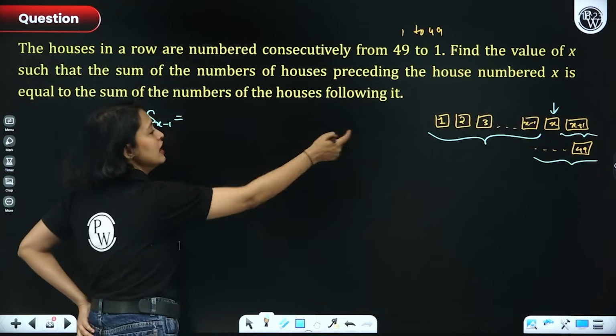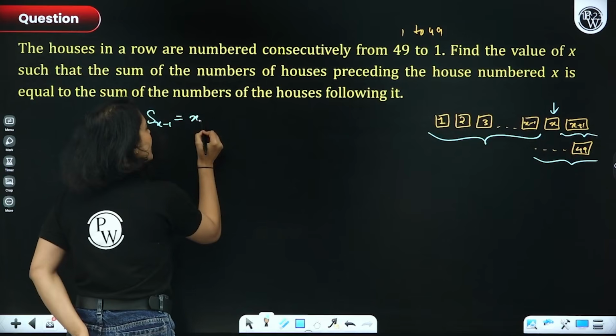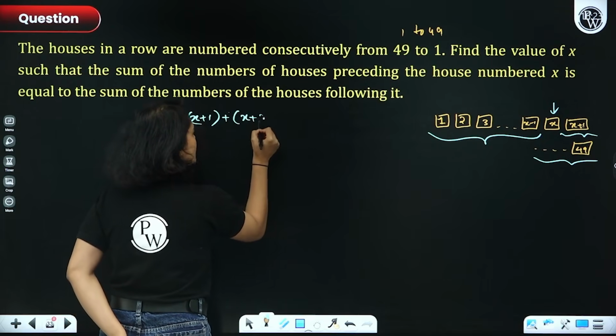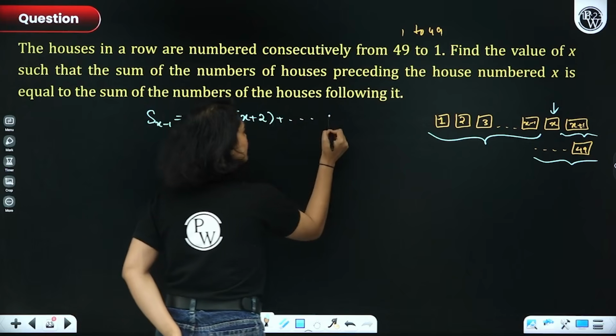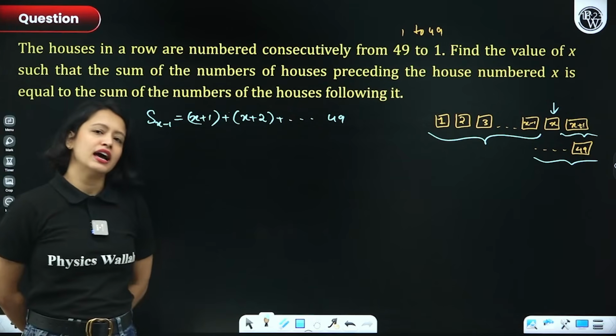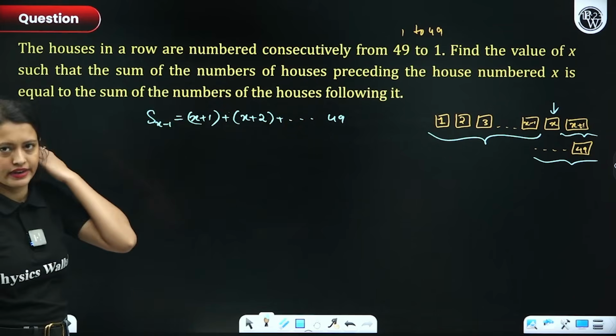That means from x plus 1 till 49. I'll write it here: x plus 1, x plus 2 till 49. These are the numbers that the houses will have, right? So we have to figure out the value of x such that this equation is satisfied.